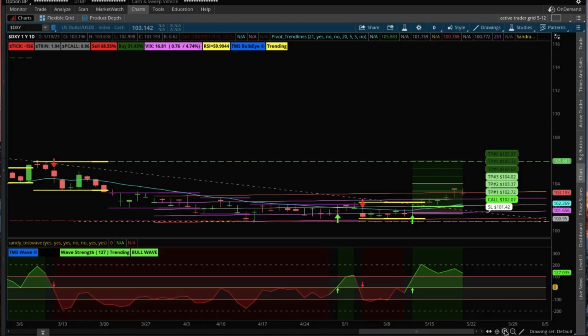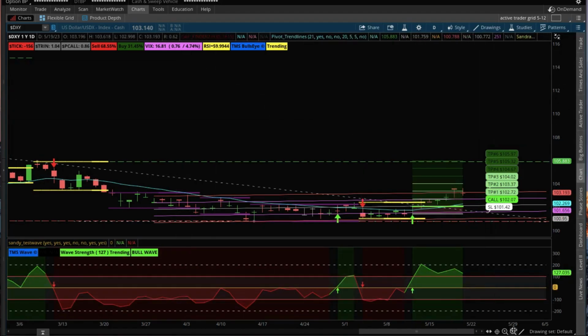This year, a lot of us have been talking about the VIX, and the VIX just kind of seems broken, is the joke. Typically speaking, the VIX has some pretty dramatic moves, and when the VIX moves, so does the market. So as the VIX rises, the market will tend to fall. But because the VIX has not been a real great indicator lately of fear in the market, I have been looking at the dollar.